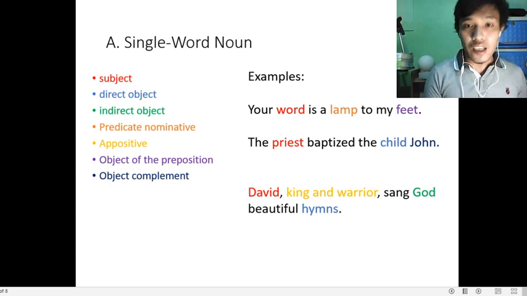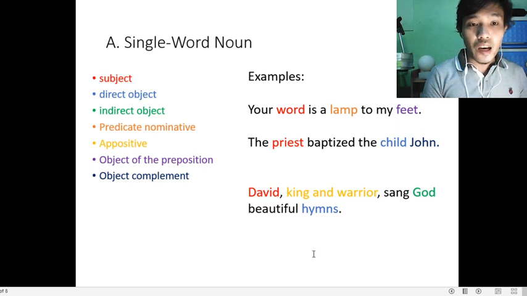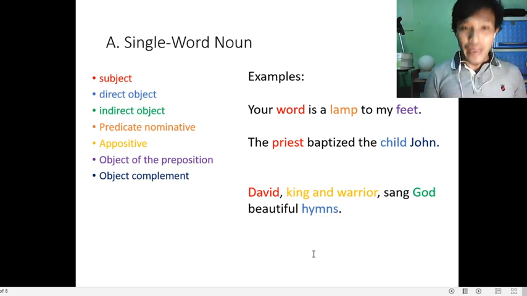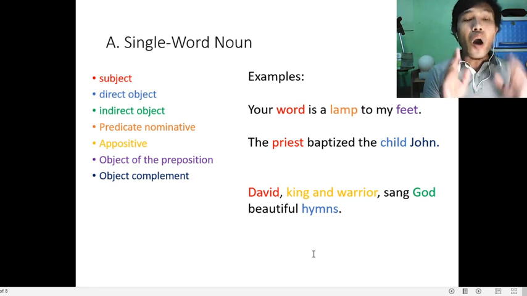Okay. Next, let's move on to an object complement. An object complement is a word that follows a direct object to rename it or state what it has become.